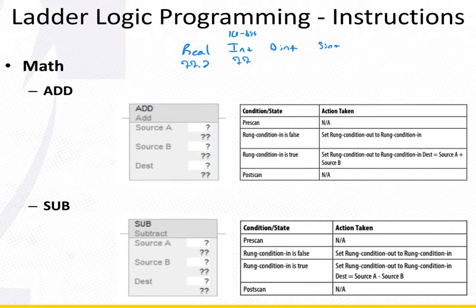A double integer is a 32-bit integer value. And a short int is an 8-bit integer value. Whereas real is a floating point real number. So yes, add and subtract can handle either immediate values typed in of any of these types or tags of any of these types.